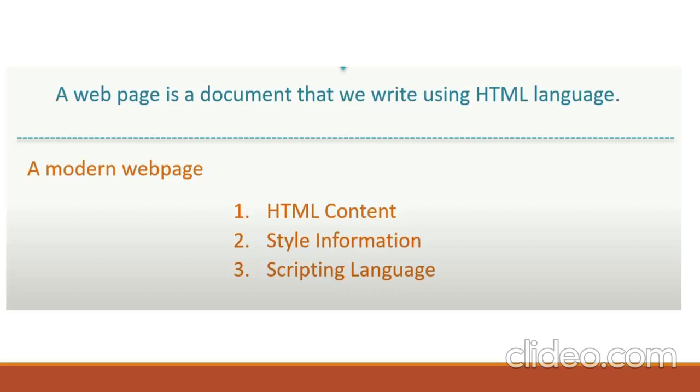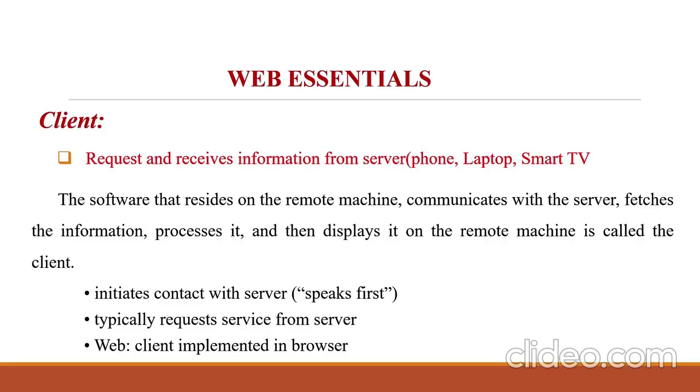If you are a beginner, create a simple web page first. Then we will learn a lot, and then we can create professional websites. A modern web page has HTML content, style information, and a scripting language.